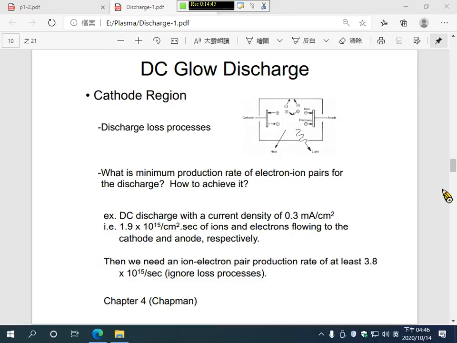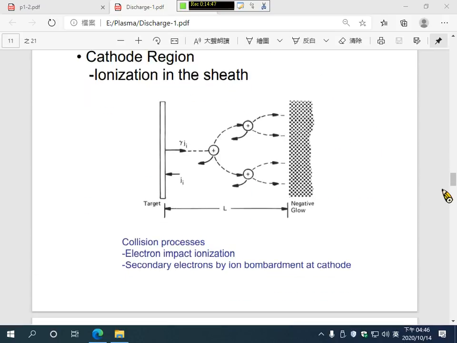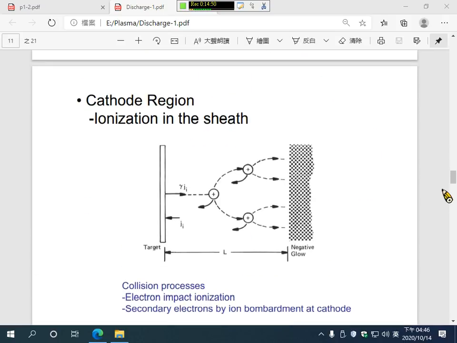Chapman analyzed the models proposed previously by Townsend, in the cathode region. The left side is the cathode, and the region of dots here is the edge of the negative glow.